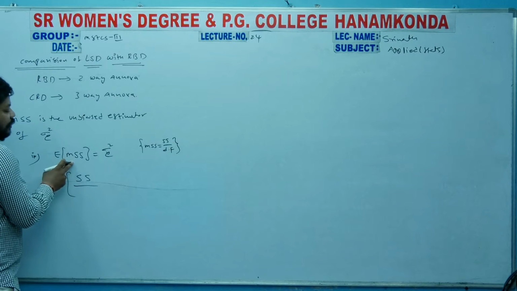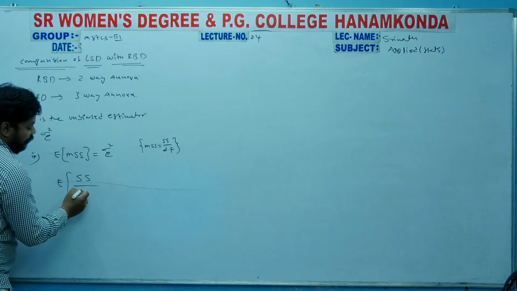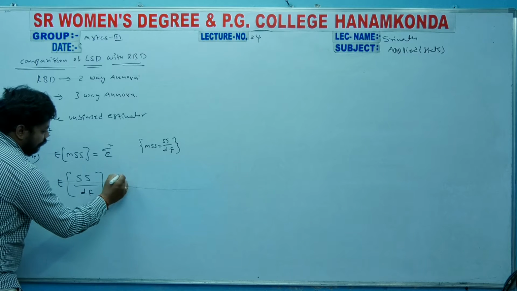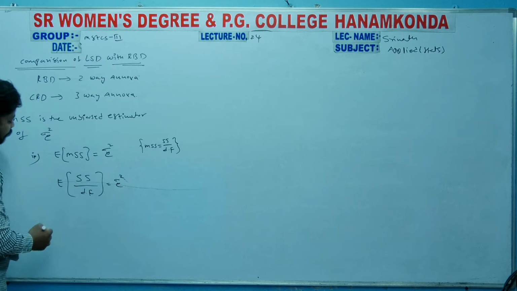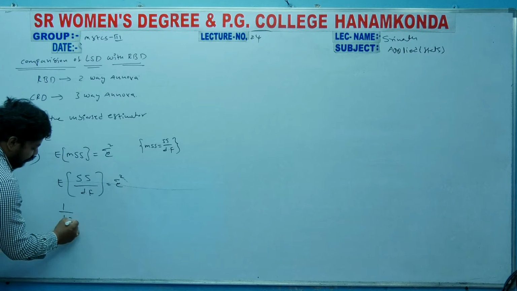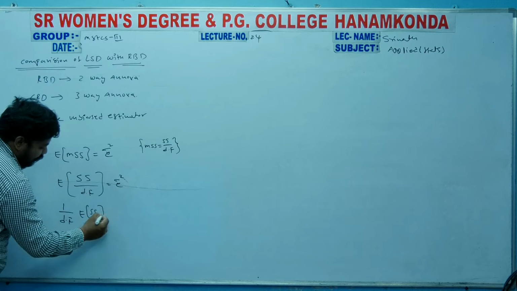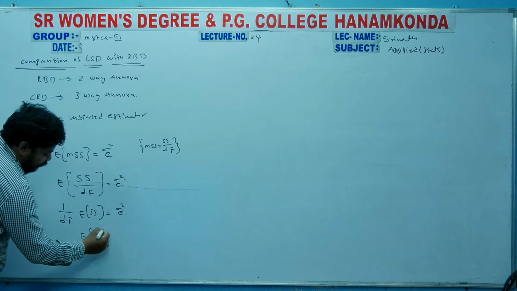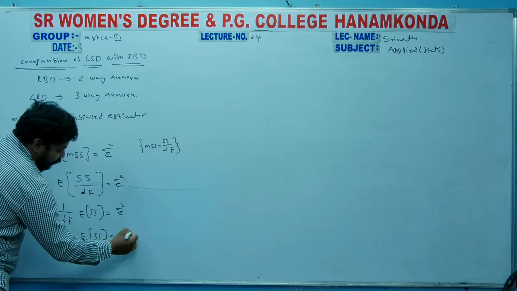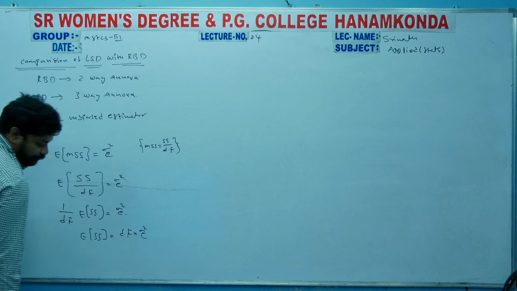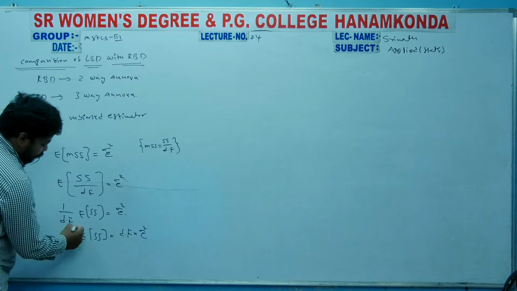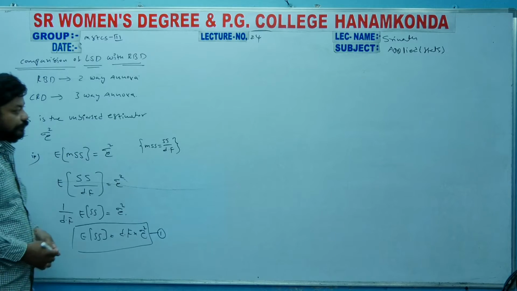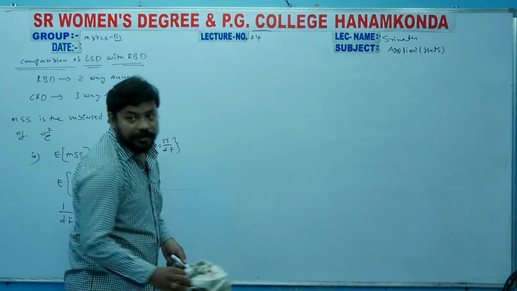So replacing the mean sum of squares with the sum of squares by degrees of freedom, it is equal to variance of E. And so the expectation of sum of squares is equal to degrees of freedom into variance of E. This is the statement, equation 1.